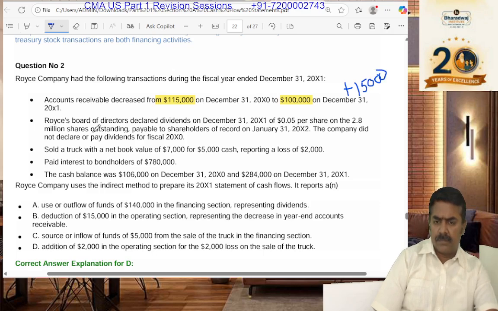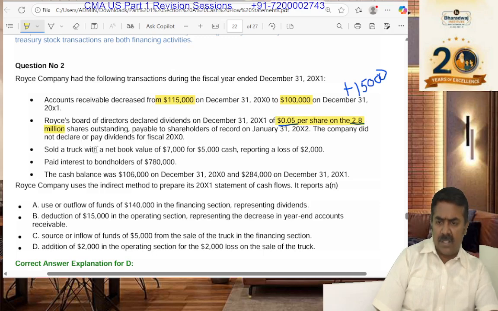There's a loss on land bank. Dividends 0.05 per share, 2.8 million shares outstanding, they have given. The company did not declare and pay dividends last year. Current year they declared the dividend. 2.8 million into 0.05.